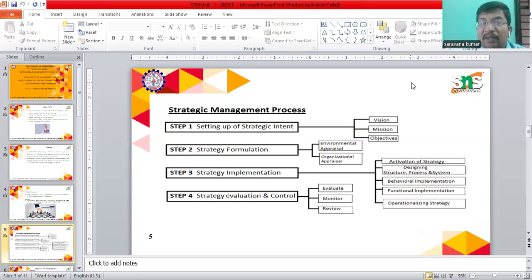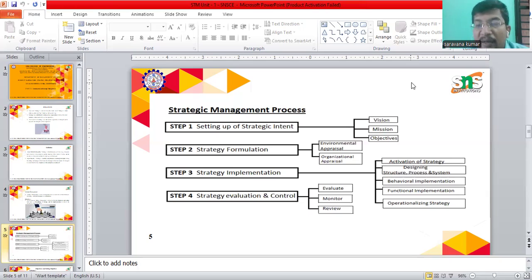Environmental appraisal means there are two types of environment, internal environment and external environment. Internal environment is within the organization, for example employees at top level, middle level, and low level. So the three levels of management people within the organization, that is the internal environment.